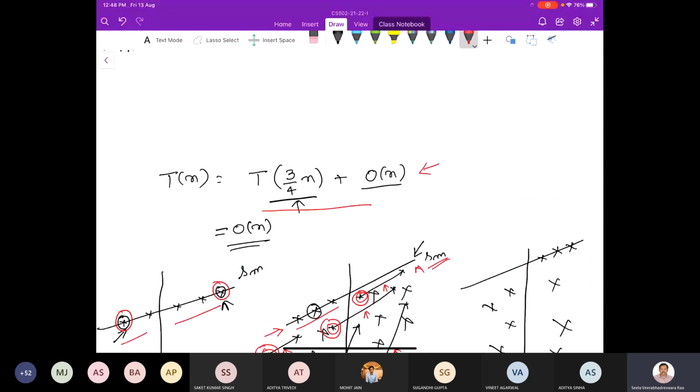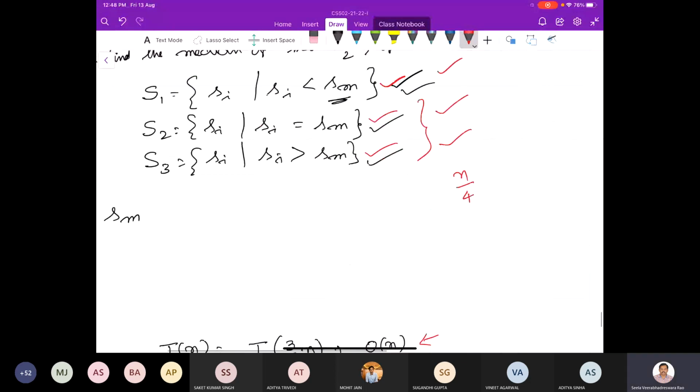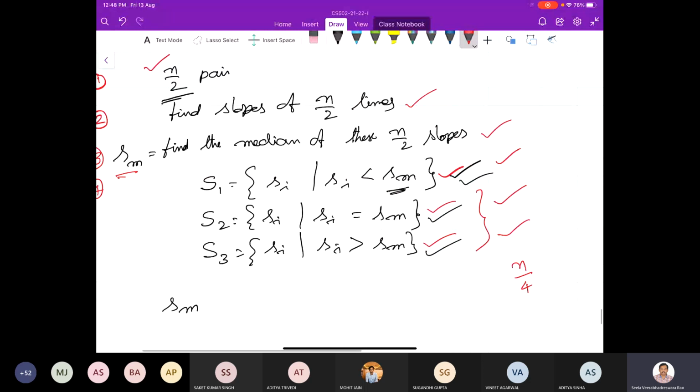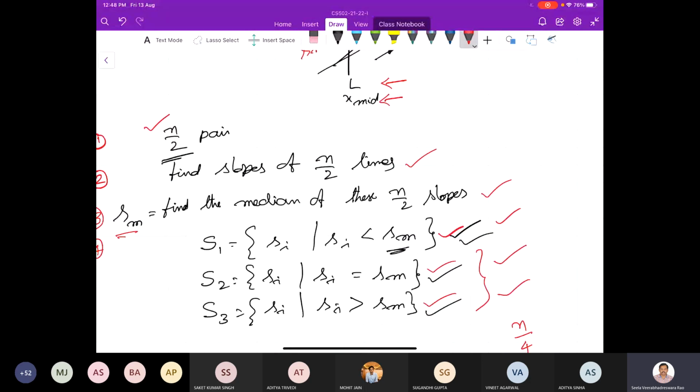And how much time do you spend to do all these things? Linear time. Pairing points, finding the slopes, taking the median, and dividing them into 3 sets, and finding the supporting line with Sm, all of them take linear time.